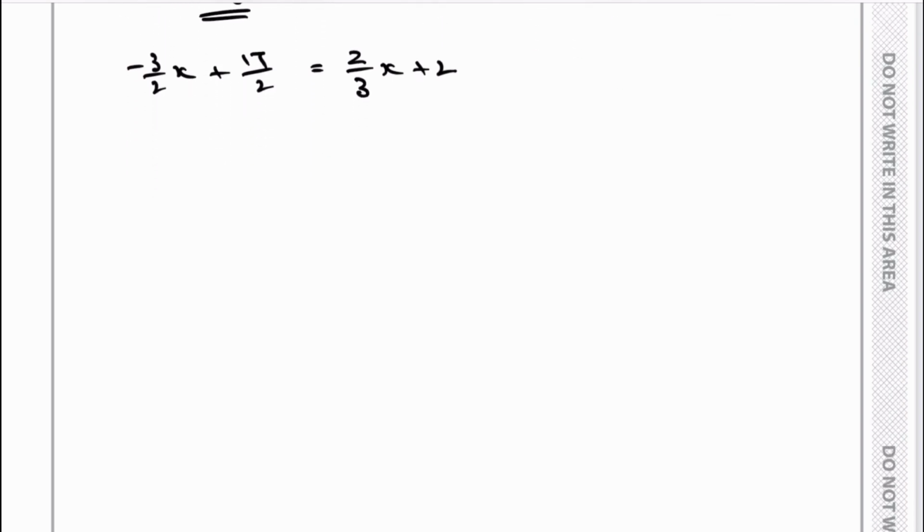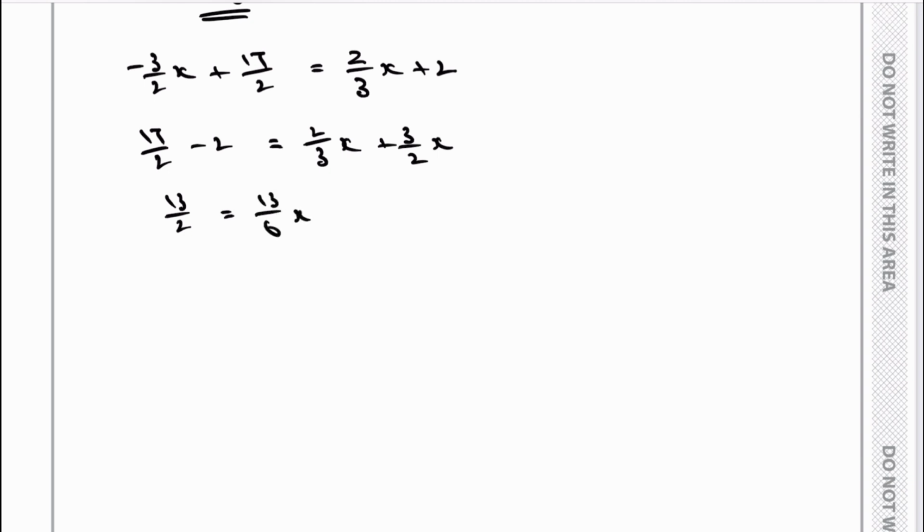Well, it looks a little bit scary, but it's not too bad because you've got a scientific calculator and you just use the fraction keys. If I make it so I've got the values of x on one side and the numbers on the other, I can work out that I've got 13/2 = 13/6 x.